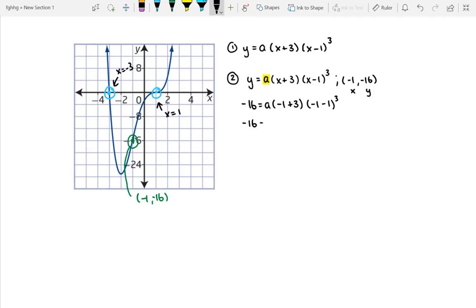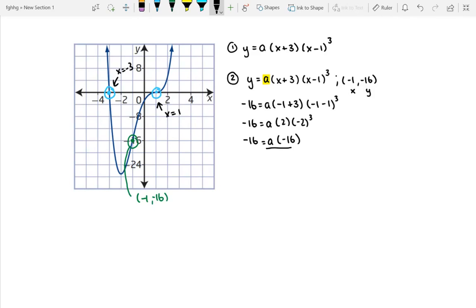So I've got -16 equals a times 2 times -2 cubed. Now 2 times -2 cubed is going to give me -16. Make sure when you do this, you put brackets around -16 because in the past I've had a lot of students write down a minus 16 instead.